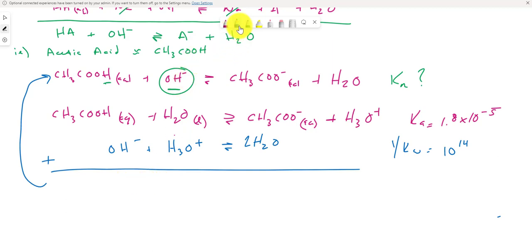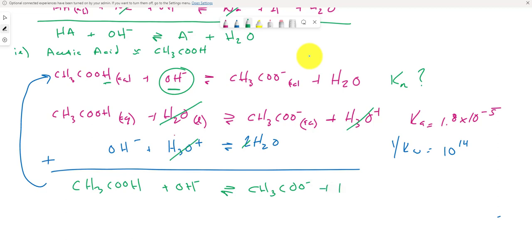And so in this case, if I look at this, what's going to happen is this H3O goes away, and then one of these waters goes away, and this produces the reaction of just pure acetic acid plus strong base reacts to make the acetate ion and water, which is exactly what we started with.